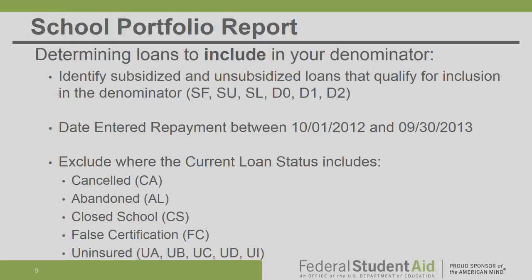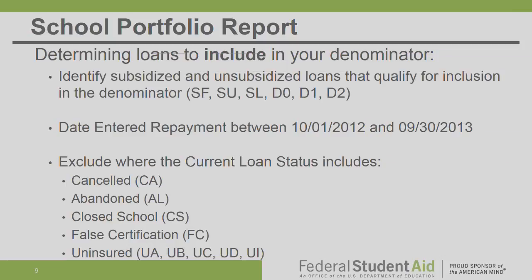Then we have our direct sub and unsub, the D0s, D1s, and D2s. If we pretend we're doing this for cohort year 13, we want to limit the date entered repayment to October 1st, 2012 through September 30th, 2013.